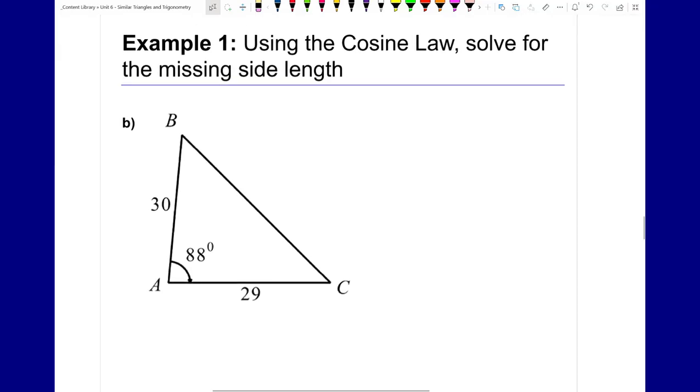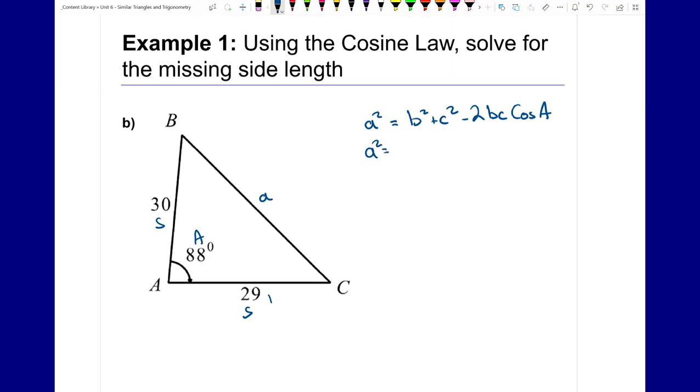Next example, same idea, solving for side a, my other missing side. So here I'm going to use a squared plus b squared, or no, sorry, I already made a mistake. a squared equals b squared plus c squared minus 2bc times cosine A. I am using the cosine law because it is a sandwiched angle, A, and S. I'm going to plug in my values for b and c.